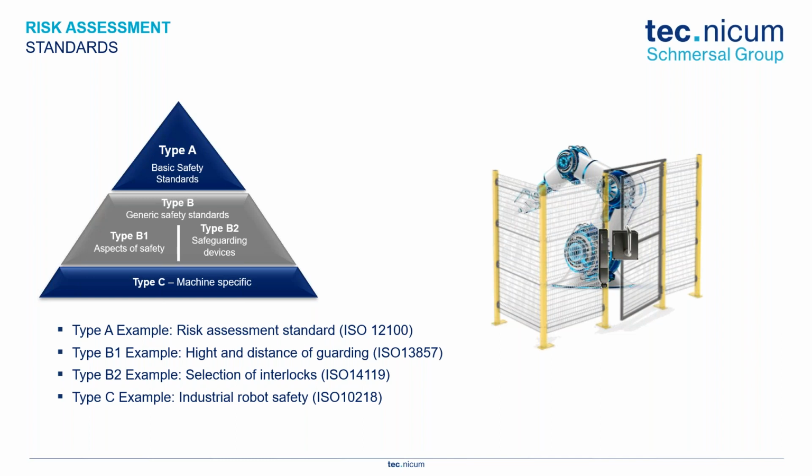Even though there's a type C standard that's available to help guide us on safeguarding solutions, because if you look at ANSI RIA 15.06 or ISO 10218, they'll give you guidance as far as making sure that no one can be trapped inside of a full body access area, and give you guidance on the enabling device and the requirements and guidance for your safety circuits, the minimum requirements for your safety circuits, and requirements for light curtains. So it's a great standard to use as far as a type C if it's available to you.